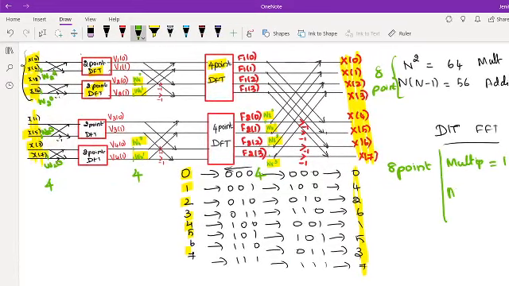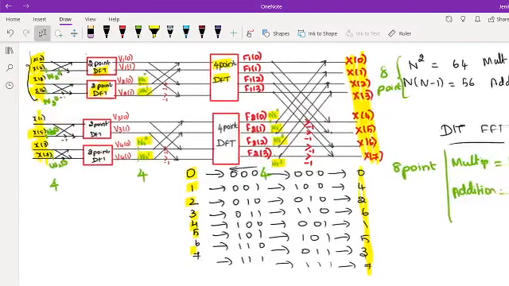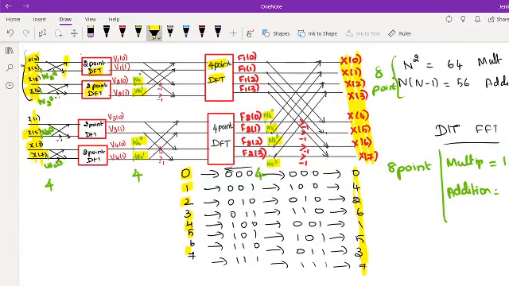And then the addition required is, for the first stage, 1, 2, 3, 4, 5, 6, 7, 8. So in the first stage we are performing 8 additions. The second stage again 8 additions.